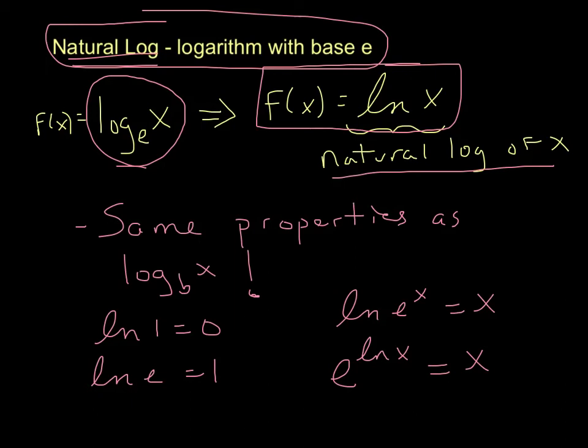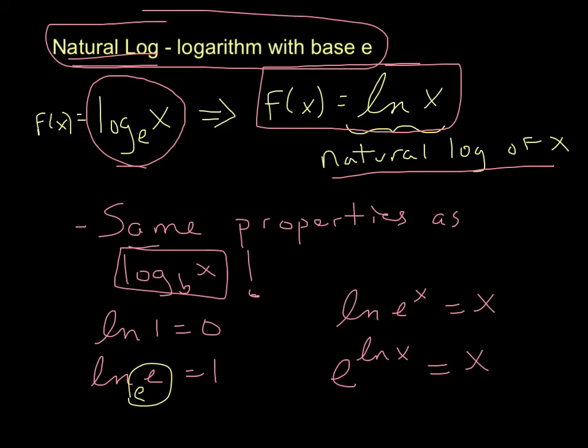And it has the exact same properties as the other log functions. It is still a logarithm. It just happens to have a particularly special base using that natural number e. So the natural log of 1 is still 0. The natural log of e, remember the base of the natural log is e, so it's really having the base of the log matching what we're taking the log of, and that's going to give us the 1.